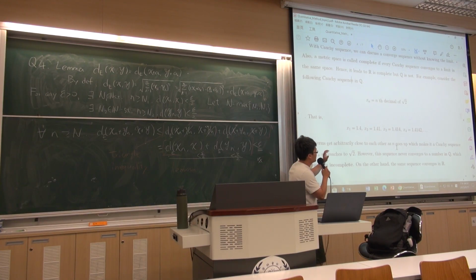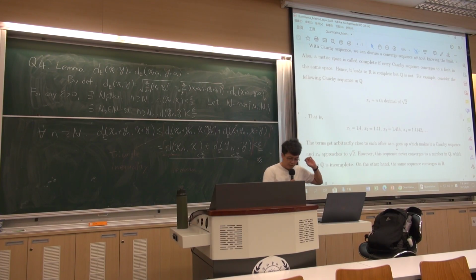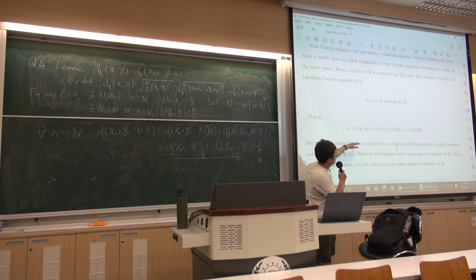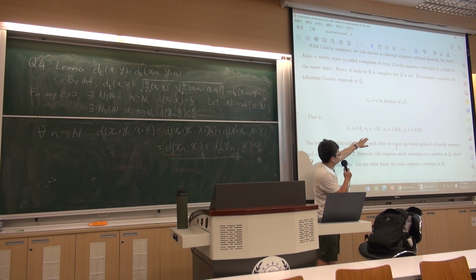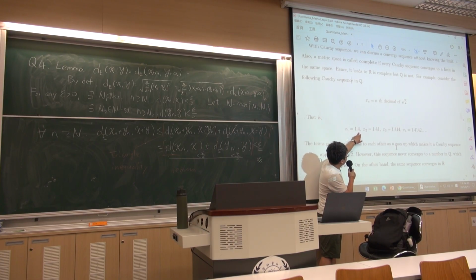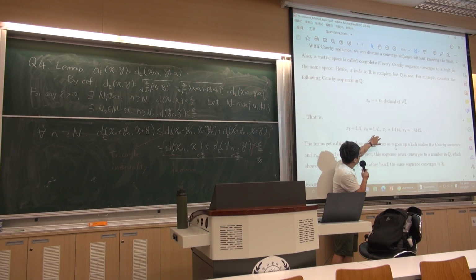You can construct a sequence that gets infinitely closer to square root of 2, using the numbers behind the decimal point to approximate it. So you put the first decimals as the x1, and the second one is 1.41.